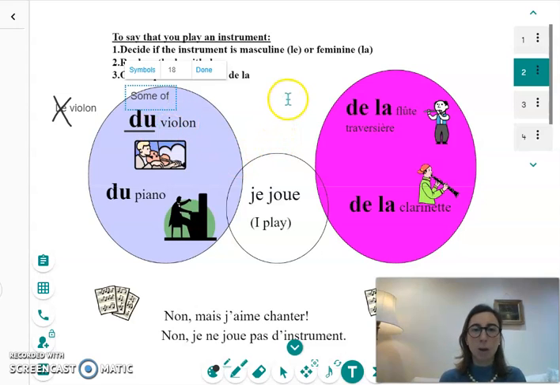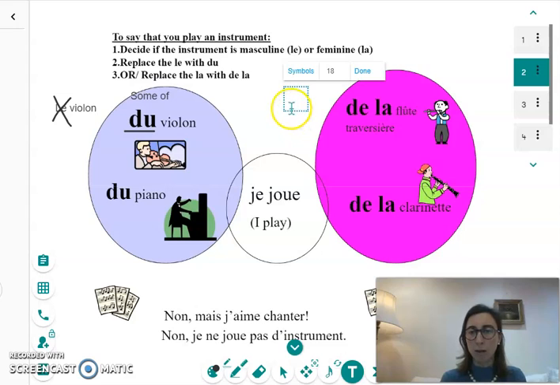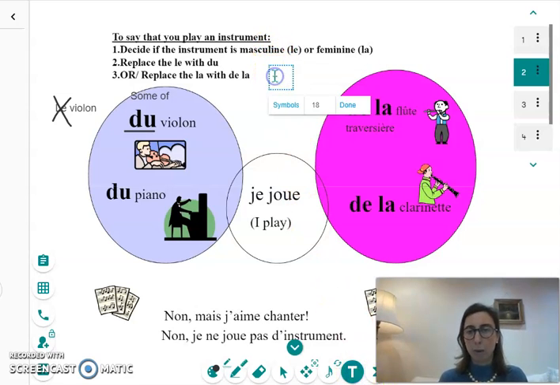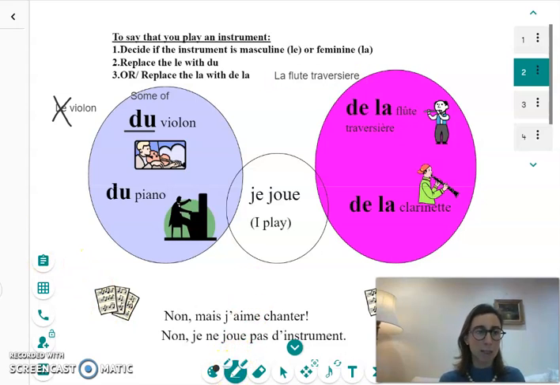Okay. We're going to now go on to a feminine word, a feminine noun. La flûte traversière. Okay, we're going to pop in our accents because remember in French we must never forget our accents. They're very important. Little hat on the U. And a little accent here on the E. La flûte traversière.